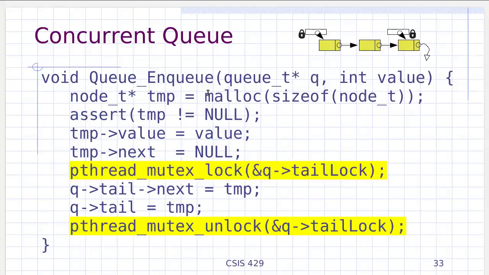And then what if there's only one node in the list and you have head and tail pointing to the same node? Well, it turns out we have a little trick that's not shown here, but this code will work. This is actually all you need if you use this one trick. I'll point that out soon. Okay, so that's enqueue. It turns out to be pretty straightforward. You lock, critical section, unlock, and then you have a common exit point. So all the things that we've been trying to do, looks like we're good here.